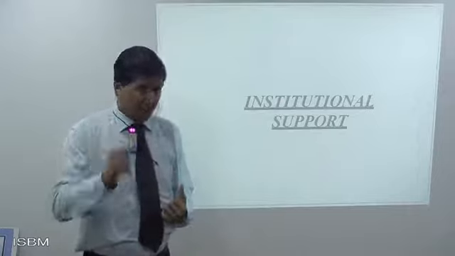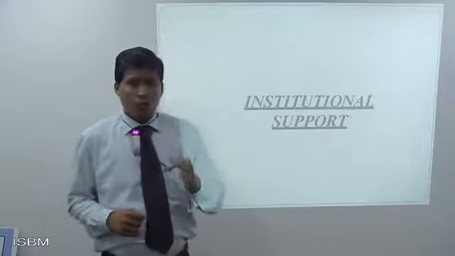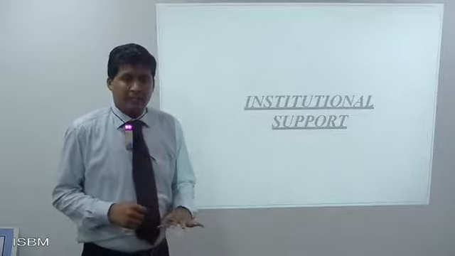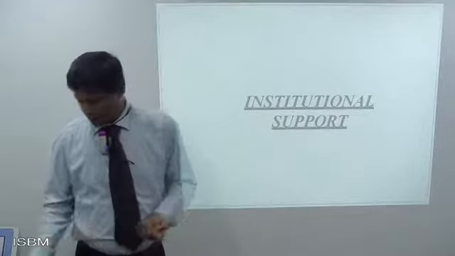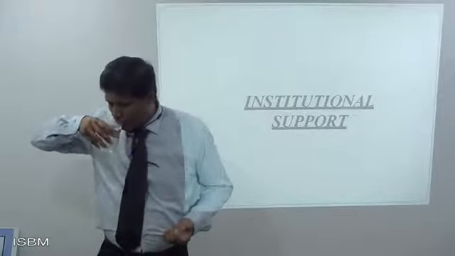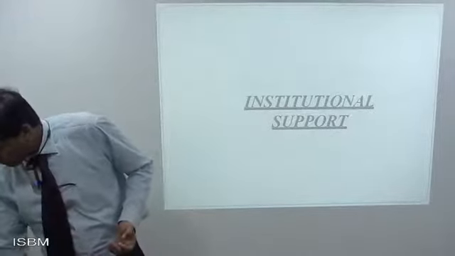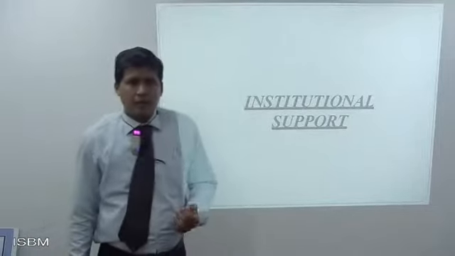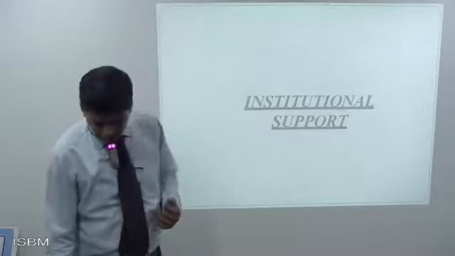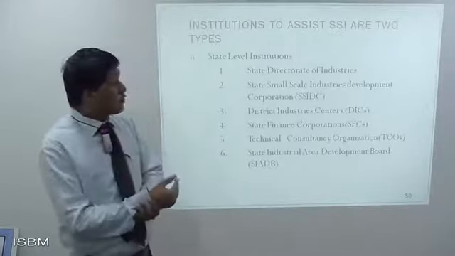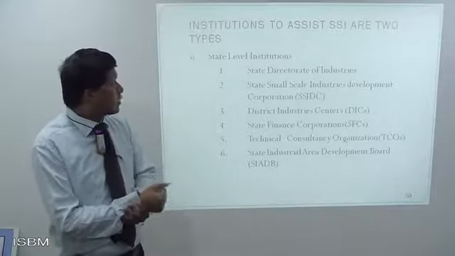So again, the book and a pen. What are those institutes that are available, that are there to support entrepreneurs? And those groups are institutions to assist SSI, which are of two types.